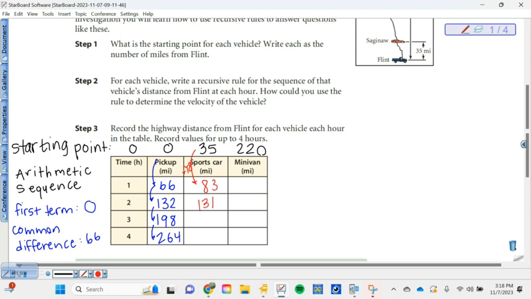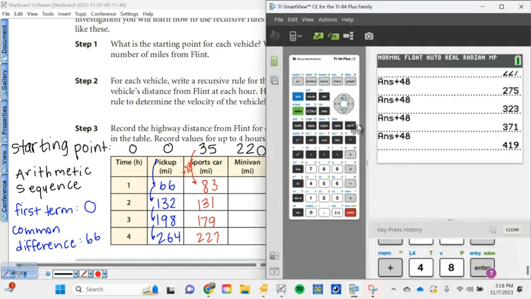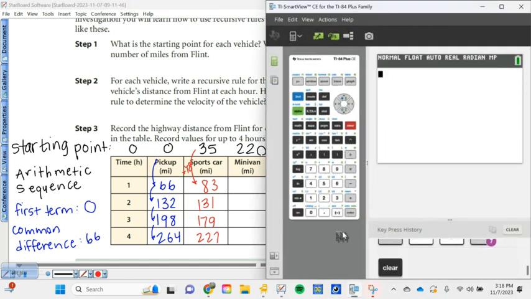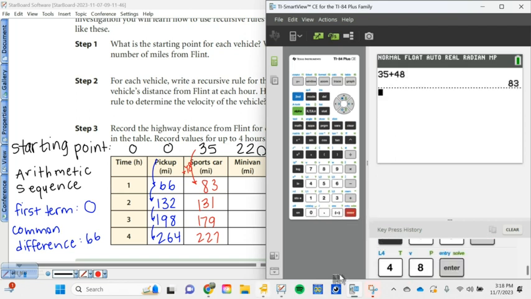And after 3 hours? And 4 hours? Perfect. And let me just show you this on your calculator. I know it's kind of obvious, but I just want to show you this little trick, right? So if I just start with my 35 and I add 48, that's easy enough, right? I just do plus 48 and I hit enter and I get my answer.